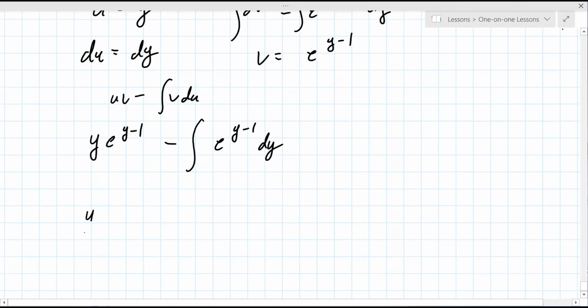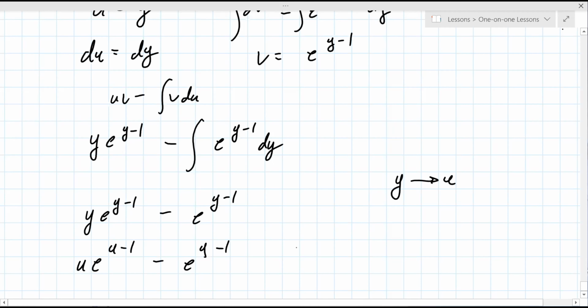And then that integral just becomes itself. But we're not using y, we're using u. So we just changed y to u just to make it easy on ourselves. u e to the u minus 1 minus e to the u minus 1.